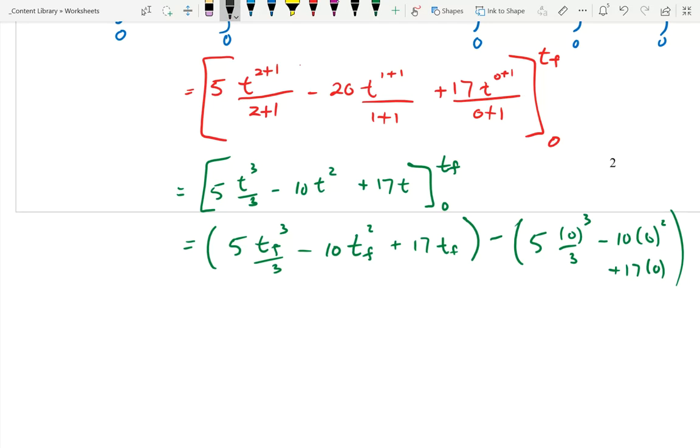And so my answer is simply 5/3 t final cubed minus 10 t final squared plus 17 t final.